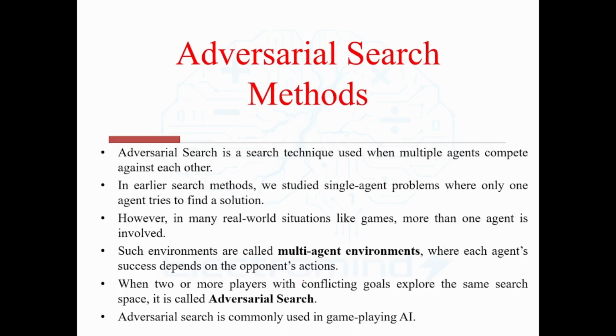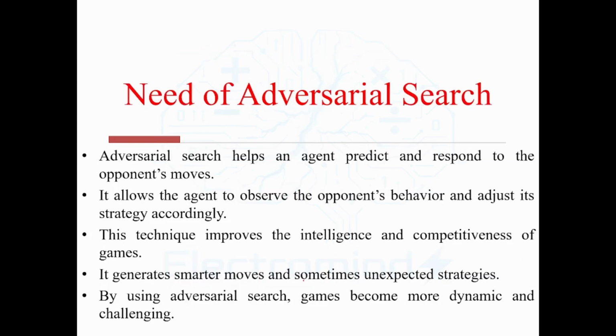Such environments are called multi agent environments. When two players with conflicting goals explore the same search space, this is called adversarial search. This technique is mainly used in game playing artificial intelligence environments like chess, checkers, and tic tac toe.